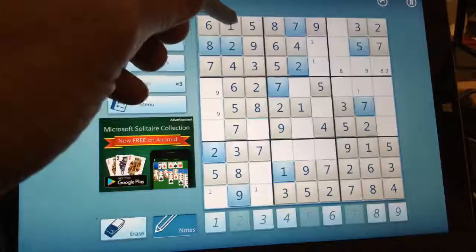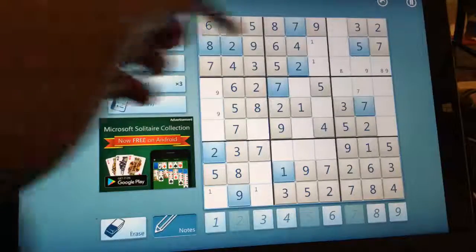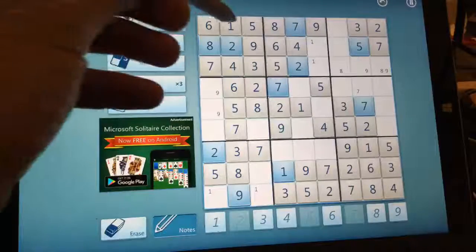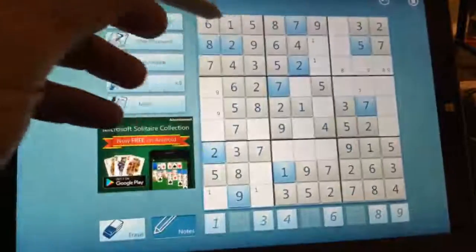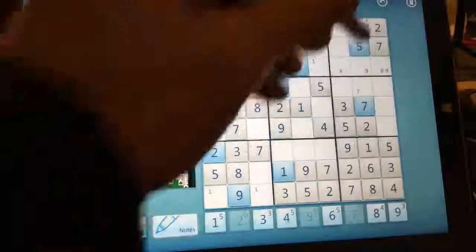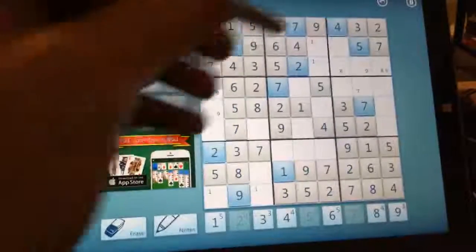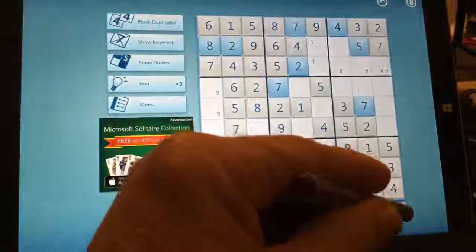Okay, let's go with the top row of cells. So we go 1, 2, 3, and 4 is missing. So let's take this to live. 4 is missing. Notice there's a 4 there. Let's see if we got enough 4s to figure it out.